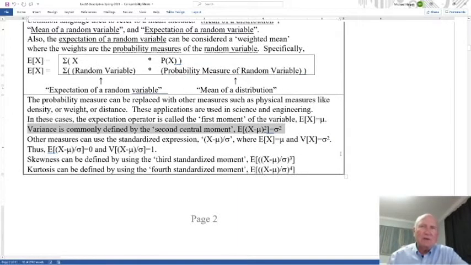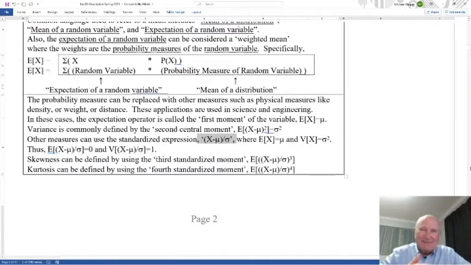So again, this is going a little bit beyond the course, but I want to be complete because some people want to know. Other measures can use the standardized expression. We'll take x minus mu over sigma. In your statistics course later, we'll be talking about this ratio, x minus mu over sigma. If you've had statistics before, you might have seen that, and that's the z value.